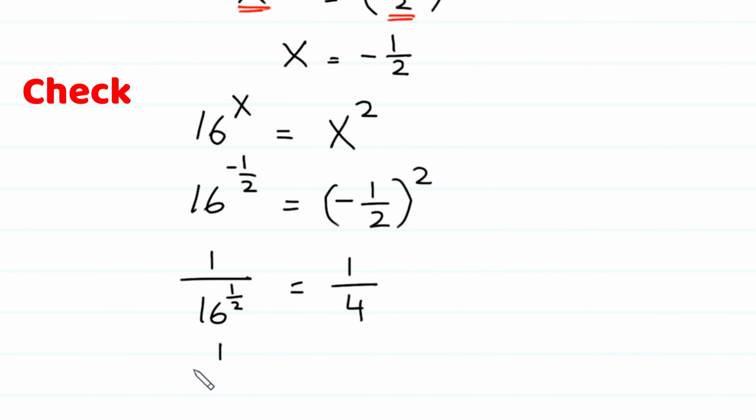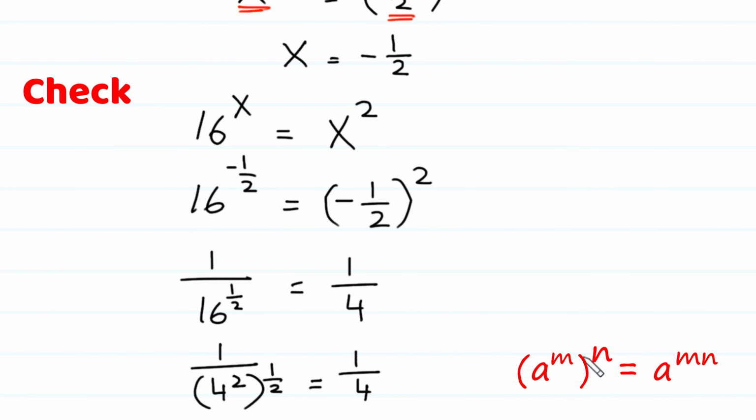Next, 1 over this 16 can be written as 4 to the power 2, to the whole power 1 over 2, is equal to 1 over 4. Next, according to the rule of exponents, a to the power m to the whole power n is equal to a to the power m times n.